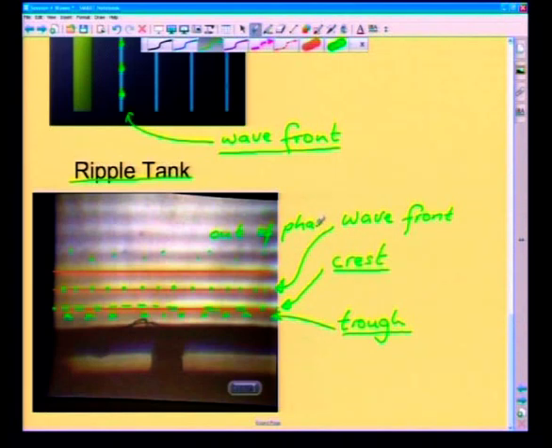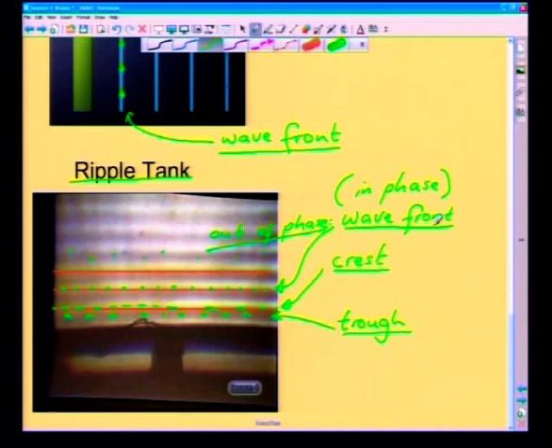And they are not of much use to us because we look mainly to those that are in phase, because those that are in phase will give us our wave front. Only points on a wave that are in phase are going to give us our imaginary line called the wave front.